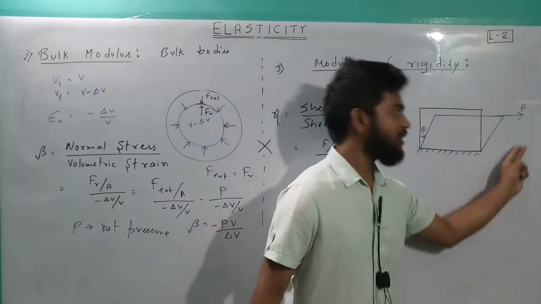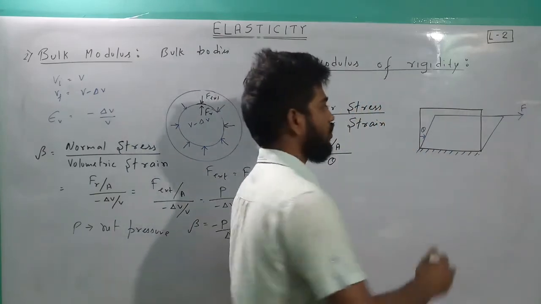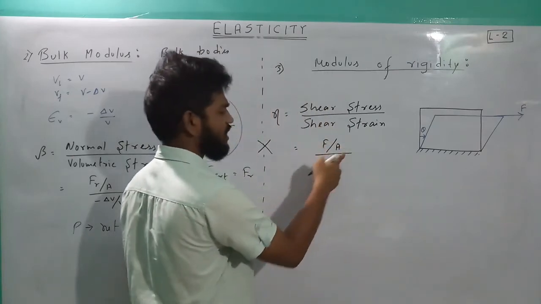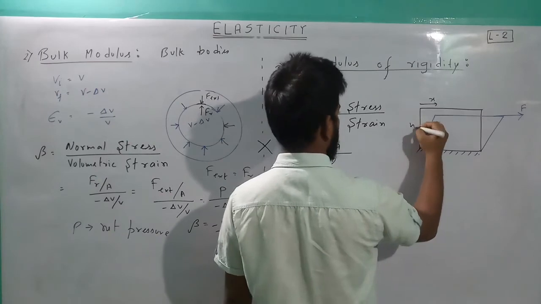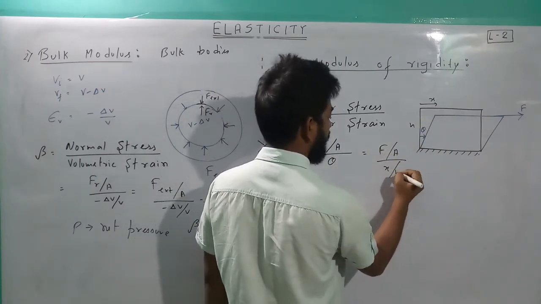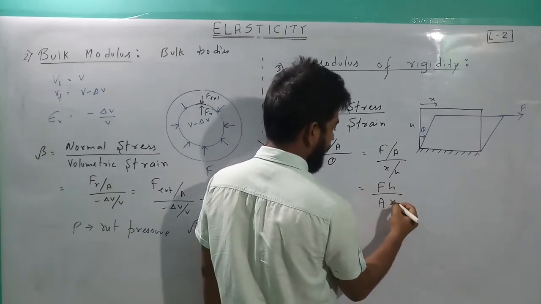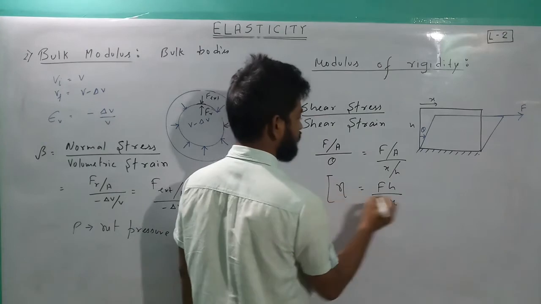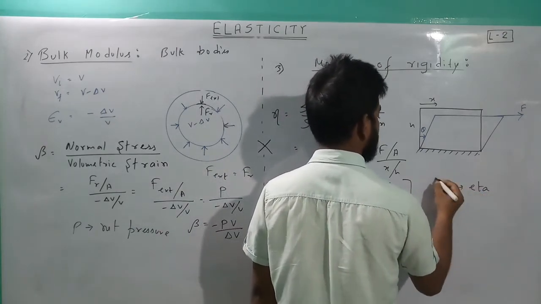It is applicable in this kind of body, as I've shown previously with the book. So the shear stress is F by A. Strain is theta, or we can also write it as X upon H. So it will be F by A upon X upon H. It will be FH by AX, represented by eta. It is called eta.